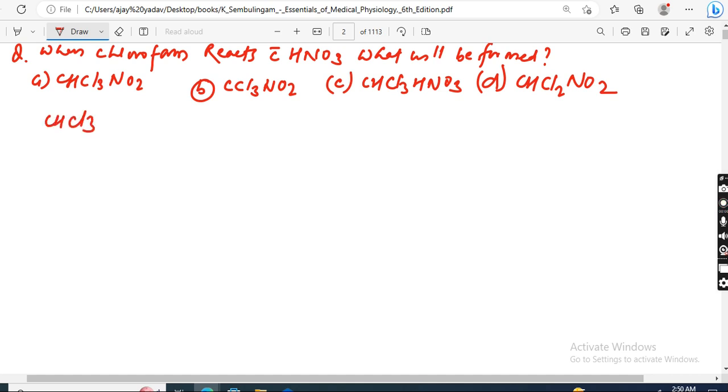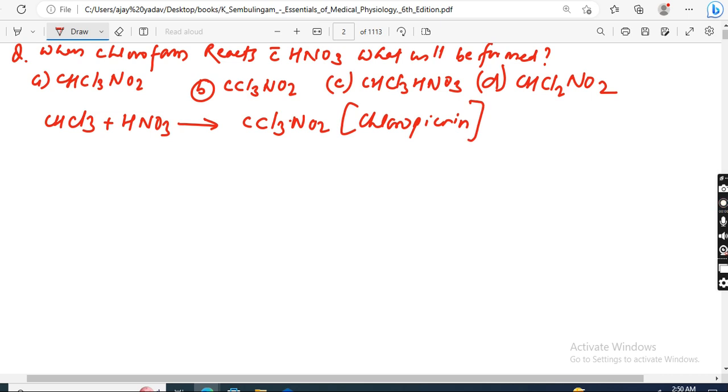When CHCl3 is reacted with HNO3, this forms CCl3NO2, which is called chloropicrin, right? Chloropicrin. This is also called your war gas, right? War gas.